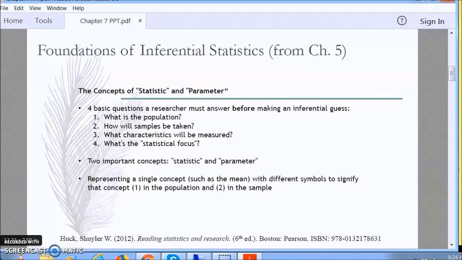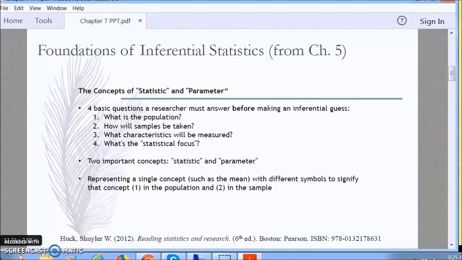The concept of statistics and parameters should be clear, but let's review it one more time. When you have a sample that has been extracted from the population and you do statistics on that, those numerical values are called statistics. However, if you are talking about the values, the statistical focus, of the population, then they are called parameters.